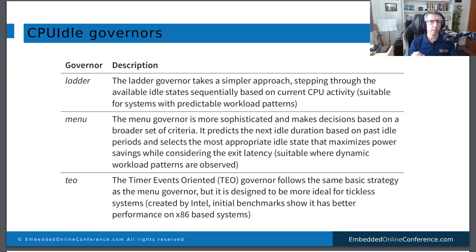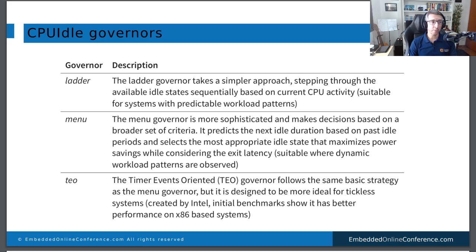It's important to understand why there are several different algorithms, because there are trade-offs between going to sleep and waiting for something to happen. If you go to sleep, there will be a latency to wake up. And that latency might be big depending on the level of the idle state that you want to go to.